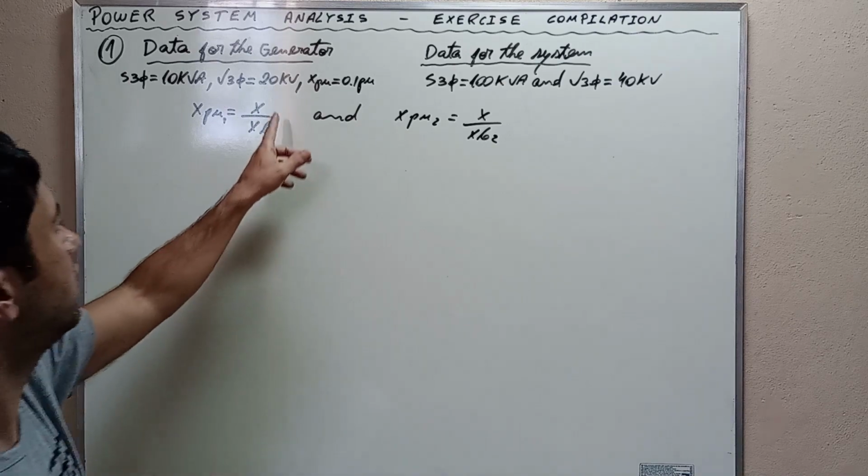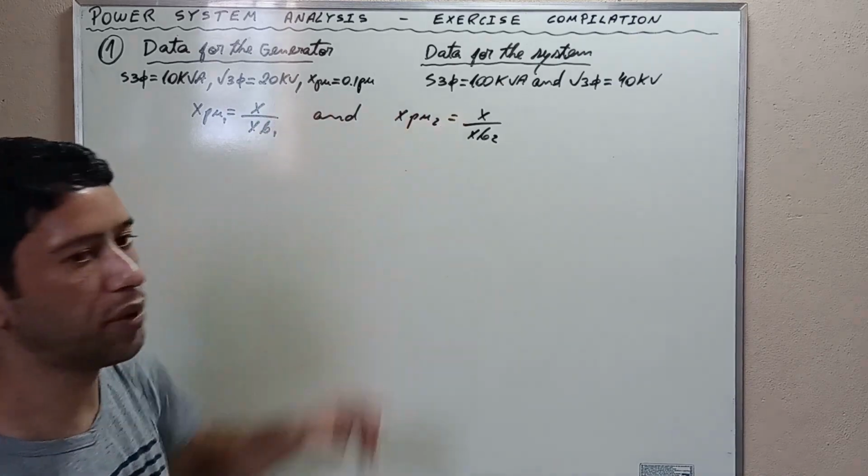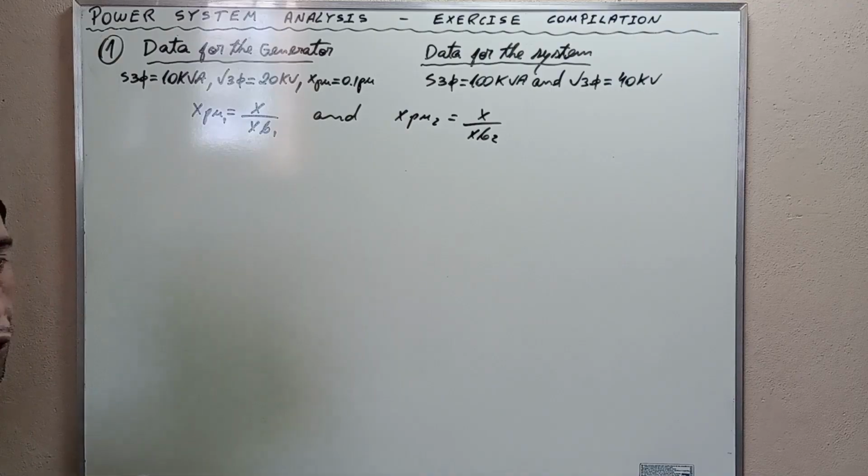Observe here that this x is common to both expressions, and we are going to use this to come up with the expression that's going to enable us to convert from one base to another. Okay, my friends?